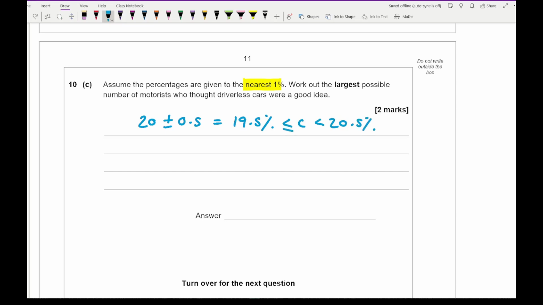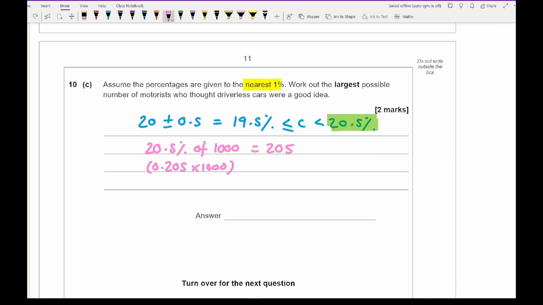Now for this, although it's 20.5%, that is the upper bound, but the percentage needs to be less than that number. So if we work out 20.5% of 1,000, I'm going to get 0.205 multiplied by 1,000, and I get an answer of 205.